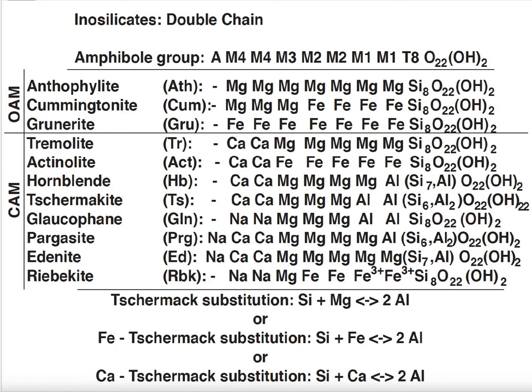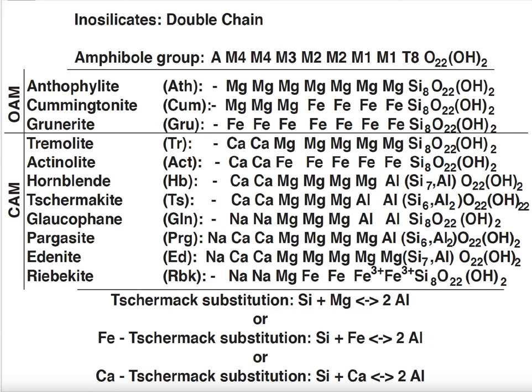So, and I have just written down here all in all 11 end members, but if you go to the literature, you will easily find 50 or 60 amphibole end members because they are showing a huge mineral chemical variety. So you have this A place which is in front, which can host very big atoms, but it is in most cases not occupied.